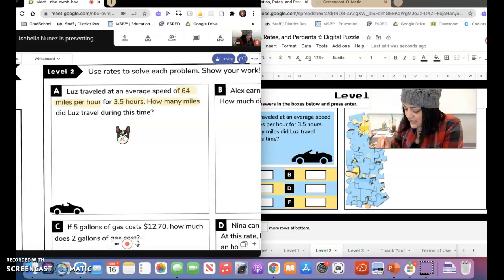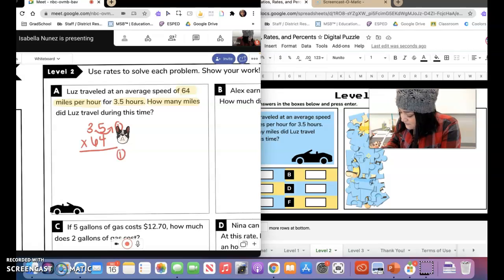So we're going to take 64, let's do it in red, 64, and we're going to multiply it by 3.5. And so you got to remember all your decimal rules. We moved this decimal 1 time, so we got to move it 1 time at the end. 5 times 4 is 20.